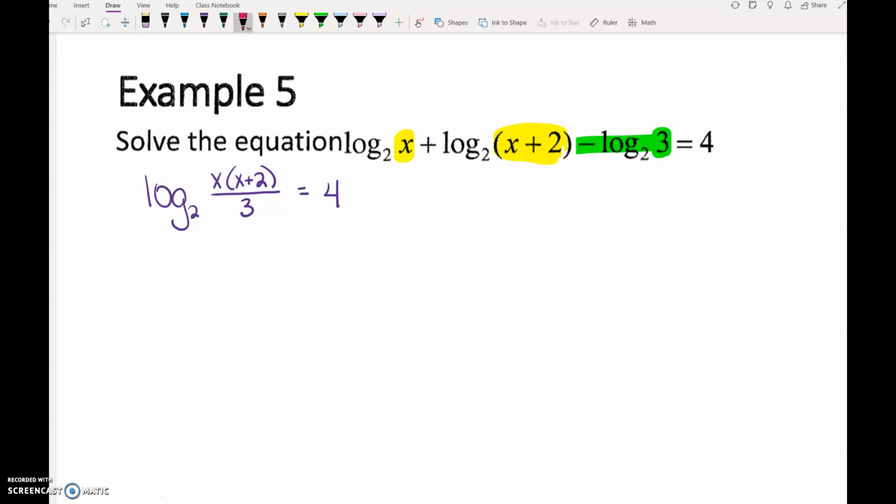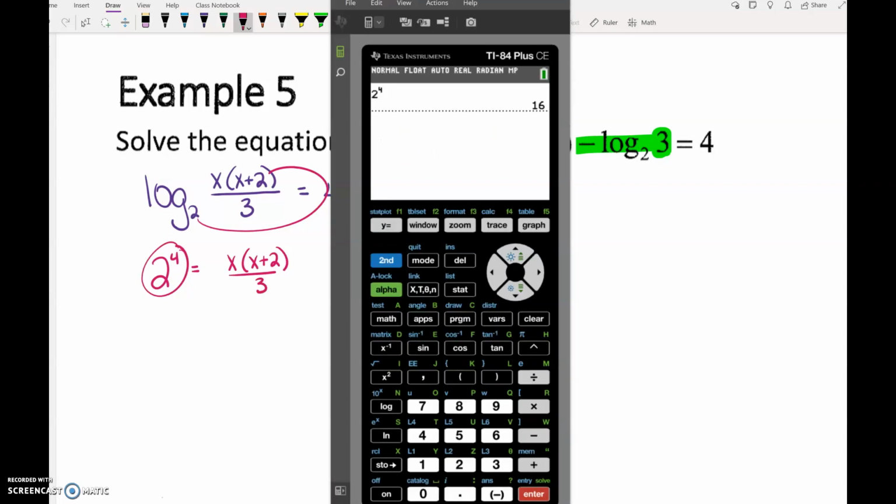Once you have it condensed down to just one log, we need to do the log-ride and change forms. So, 2 to the 4th equals x times x plus 2 divided by 3. All right, 2 to the 4th, we can calculate that. 2 to the 4th is 16.